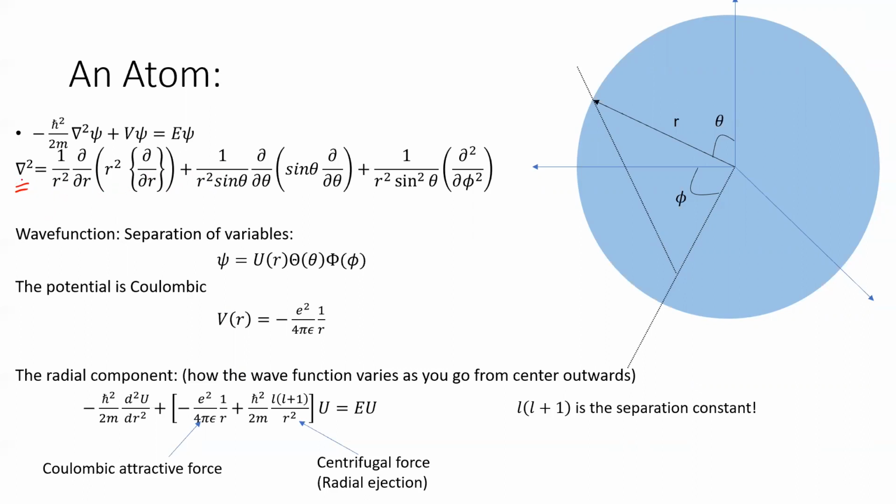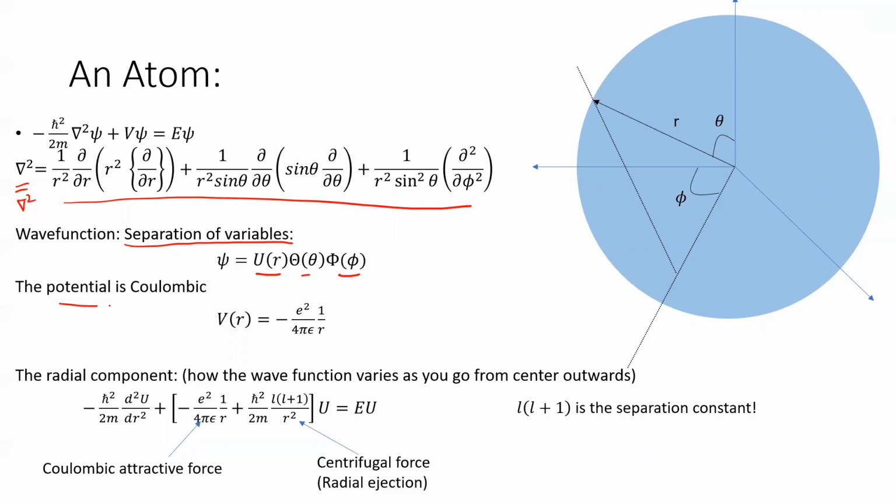So you split the nabla square, this Laplacian, into this particular form. This is something that you must have seen. And we once again use separation of variables for the wave function. You remember we did separation of variables in space and time. We will separate the radial, polar, and azimuthal angles, and we separate it in this form.